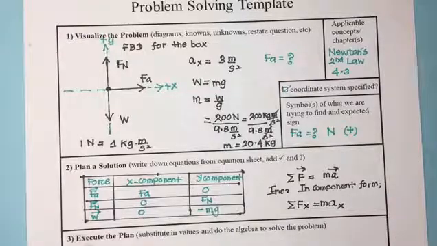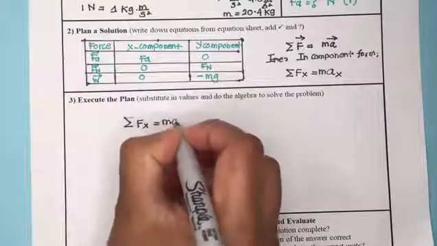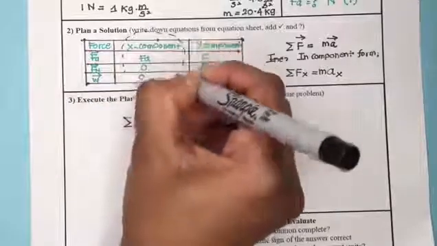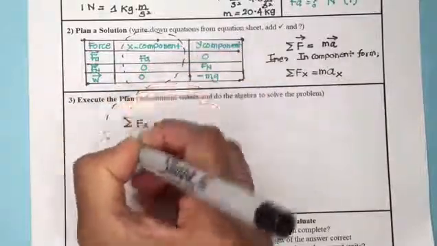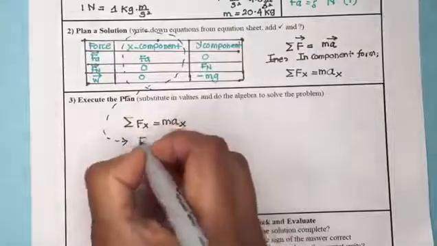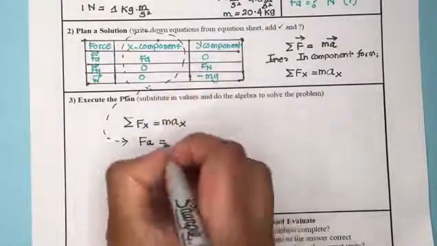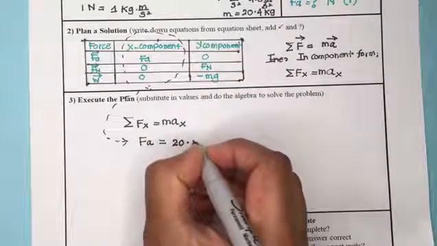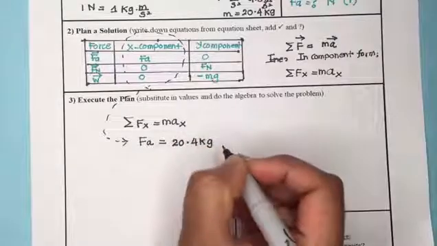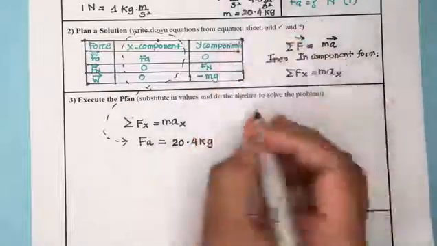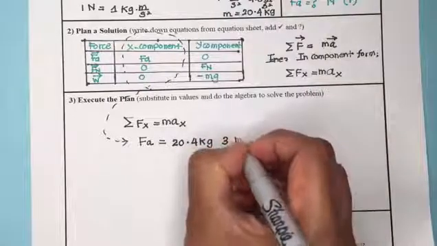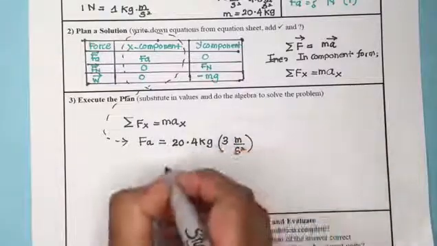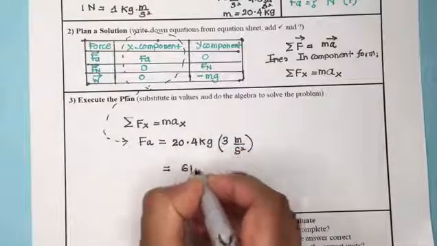And now let's execute the plan. Net force is equal to mass times acceleration, and let's look at all the components of forces acting in x direction. So this question is very simple. You just have one force acting in the x direction, and mass is 20.4 kilograms times the acceleration given in the question, so 3 meters per second squared, and you get 61.2 newtons.